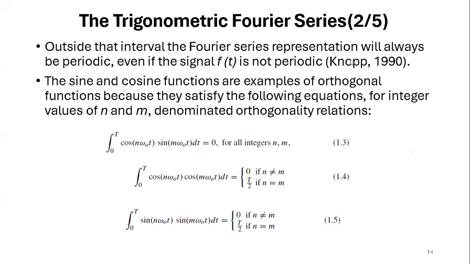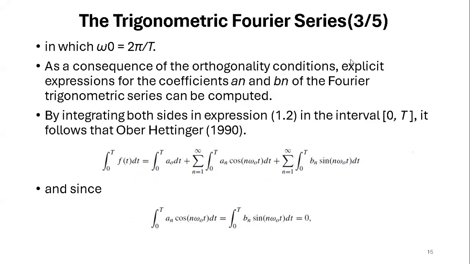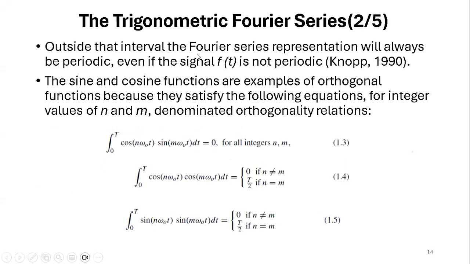In fact, it is the researchers and engineers I'm talking about. Sine and cosine functions are examples of orthogonal functions because they satisfy the following equations for integer values of n and m, called orthogonal relations.